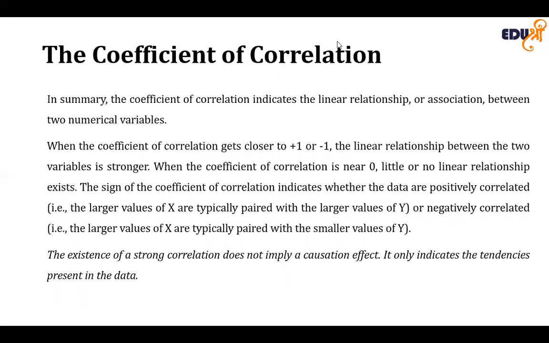The sign indicates whether the data are positively correlated, that is, larger values of x are typically paired with larger values of y, or negatively correlated. The existence of a strong correlation does not imply causation. It only indicates the tendency present in the data.